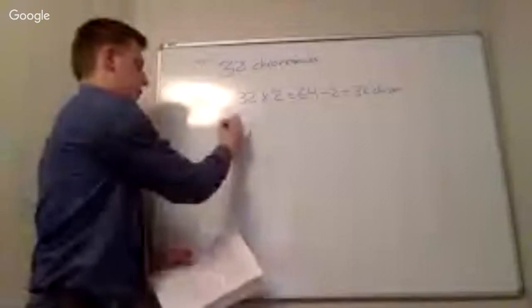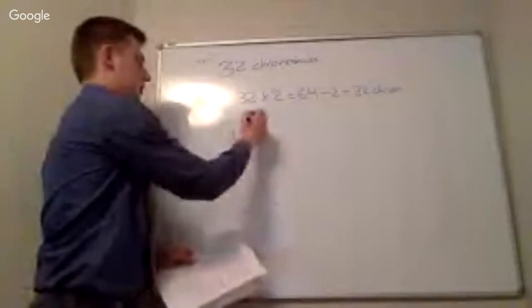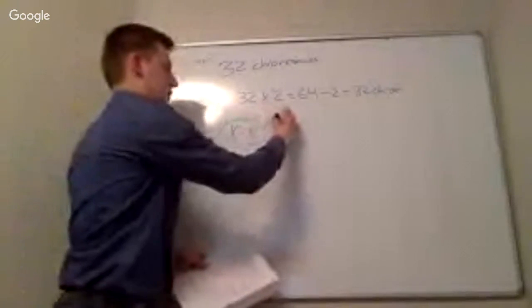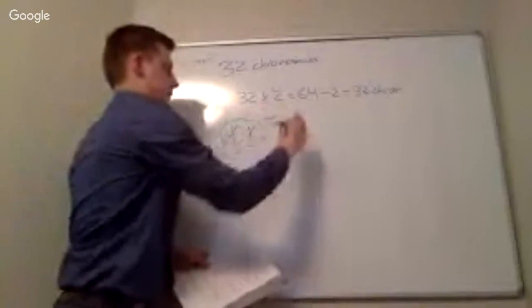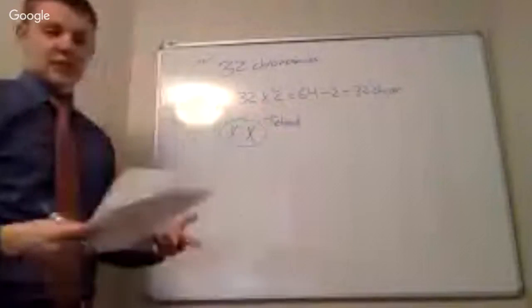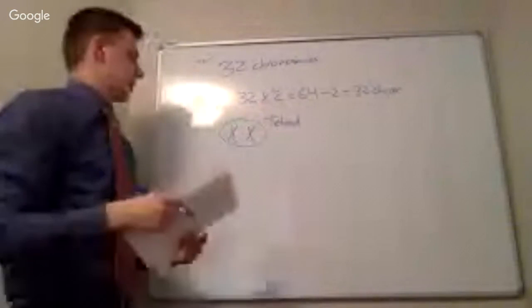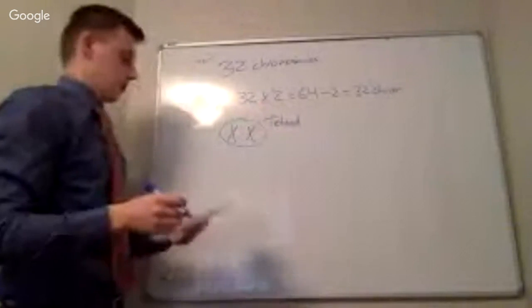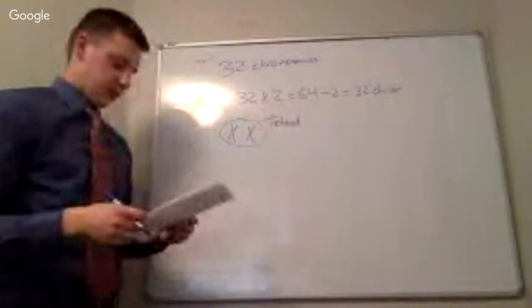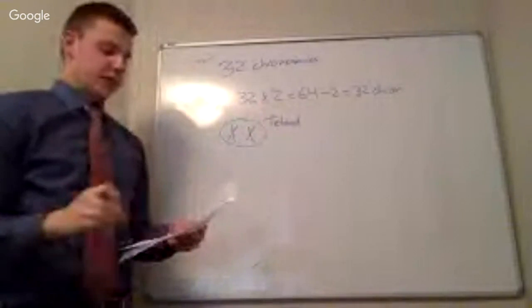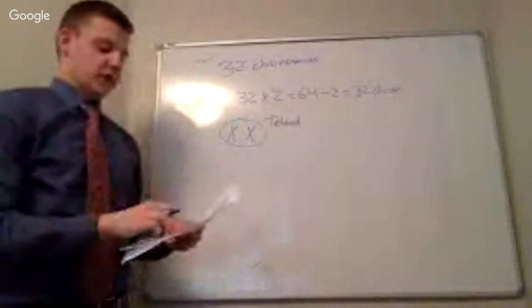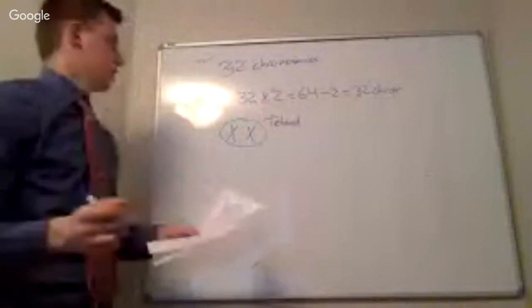And so one chromosome, this is one tetrad. Or you could say a bivalent. It's the same thing. And so let's see here. What was the question again? So how many tetrads are present during prophase 1 of meiosis?